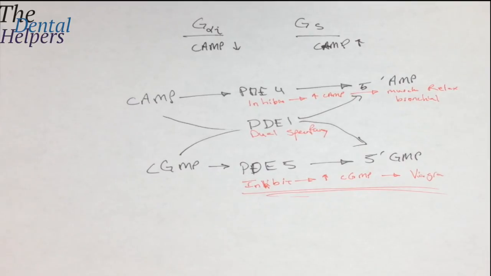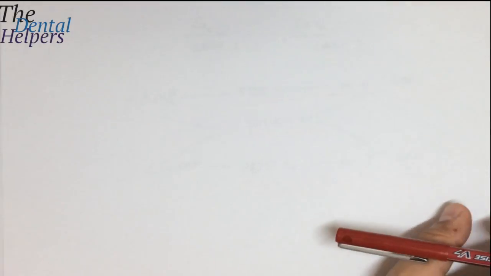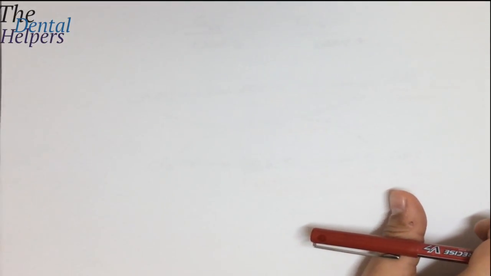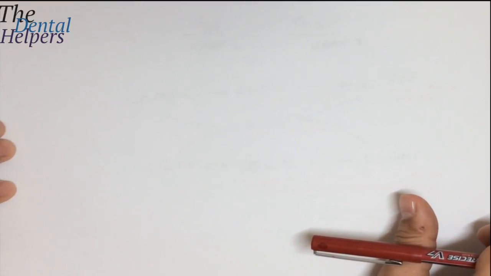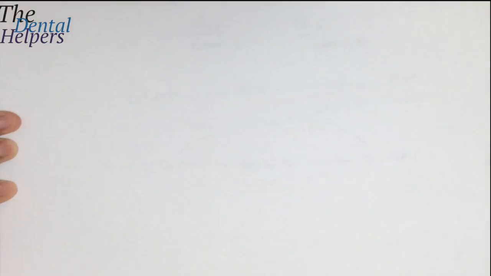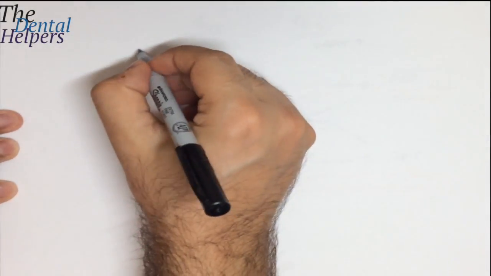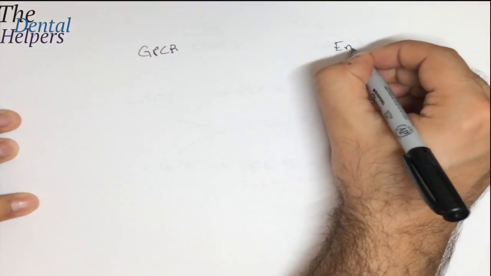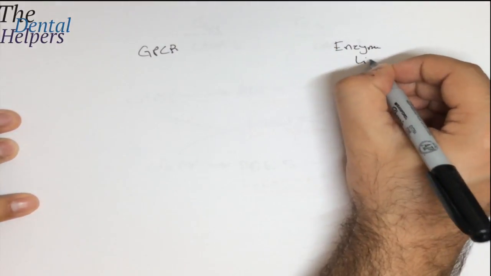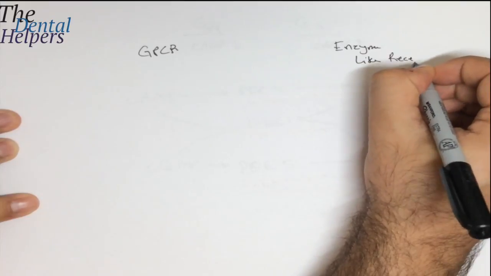And the last thing that we need to go over is, what about our small monomeric G protein subunits. So we have GPCR and we have enzyme-like receptors.